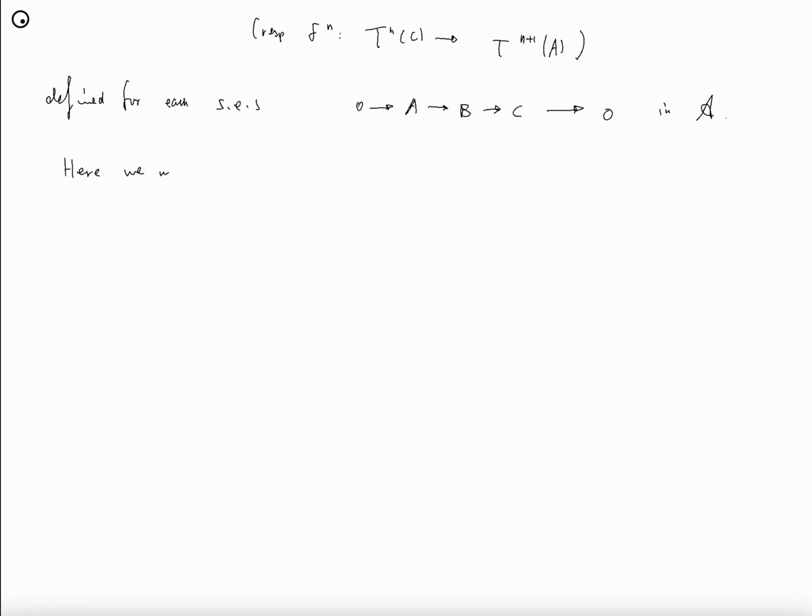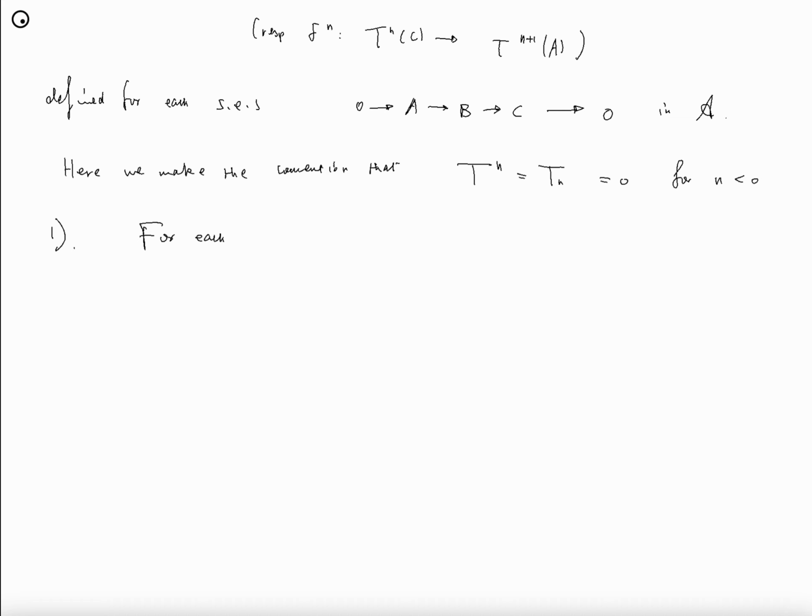Here we make the convention that T_n, when n is negative, is the zero additive functor. Furthermore, two conditions are required.